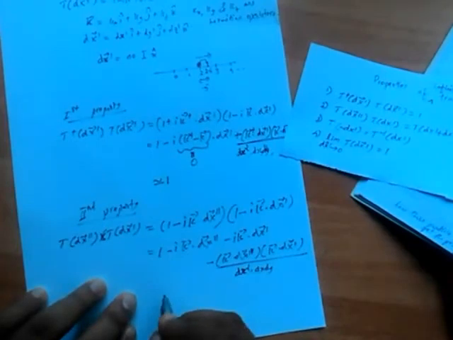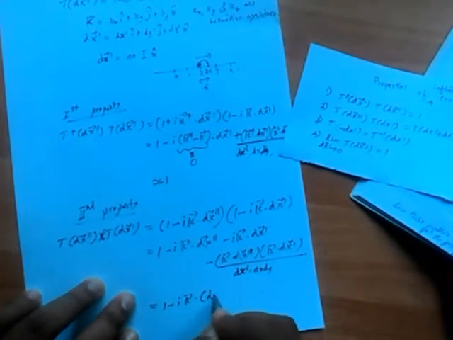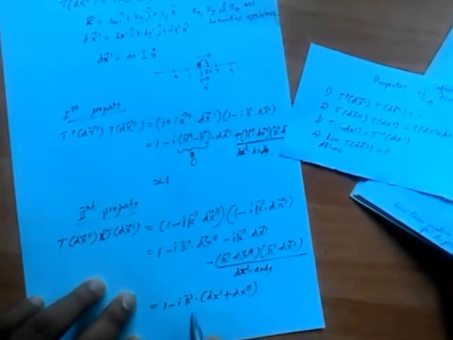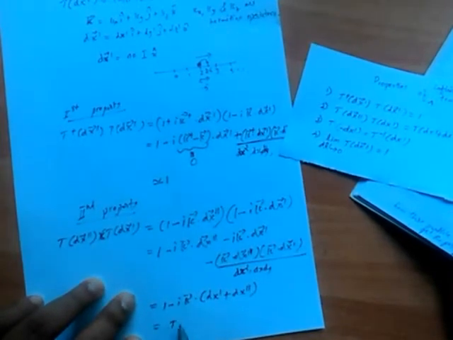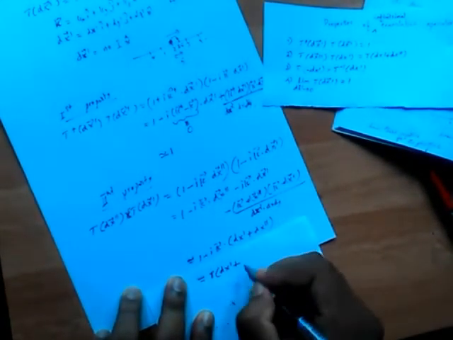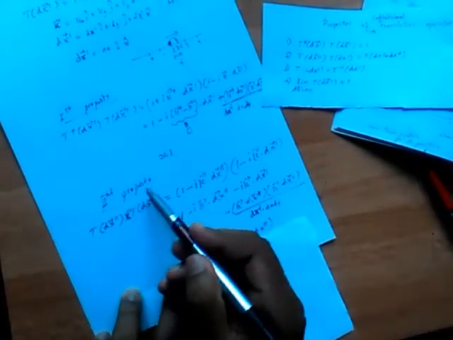The remaining terms give 1 - i k · (dx' + dx''), which is equal to T(dx' + dx''). So we have verified the second property too.